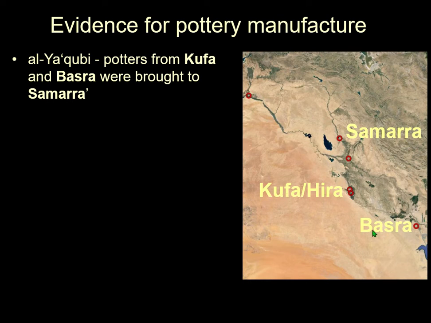Potters from Kufa and Basra were brought to Samarra. Samarra was a major palace center founded in the early 9th century. And so they needed people to make, I guess, pottery and certainly tiles, or possibly tiles. And so they brought potters from here to found this important new settlement.